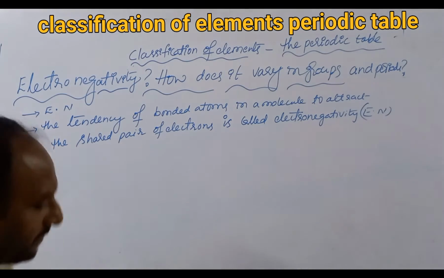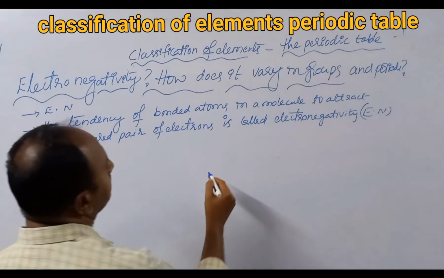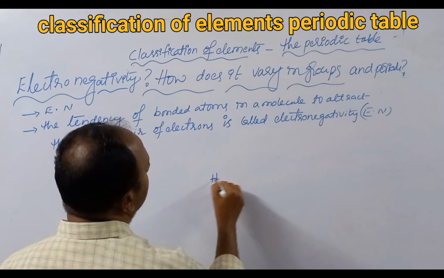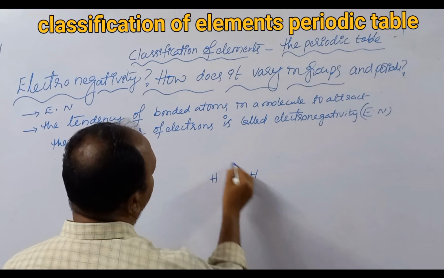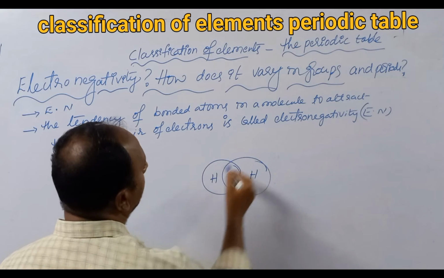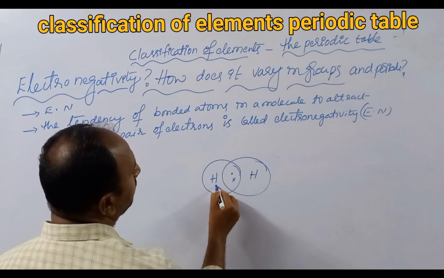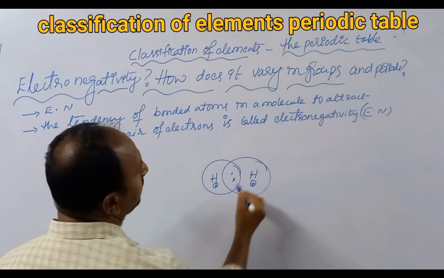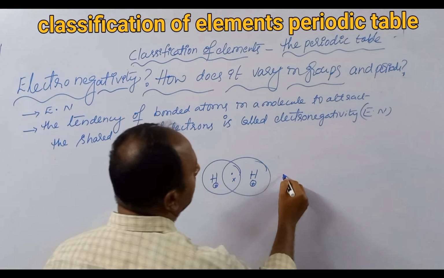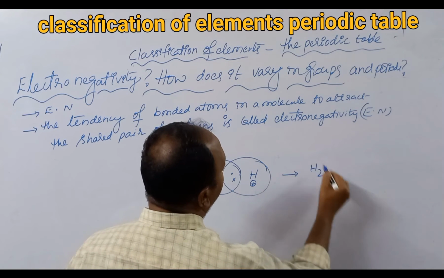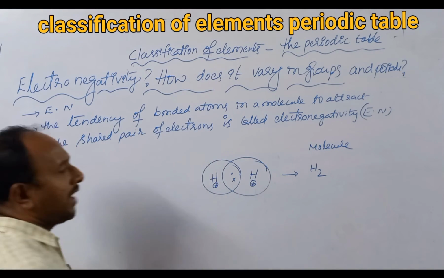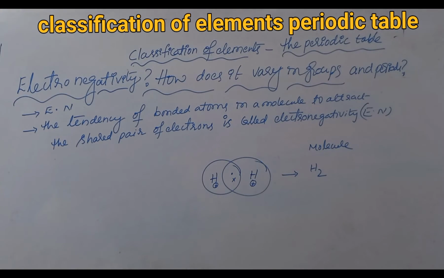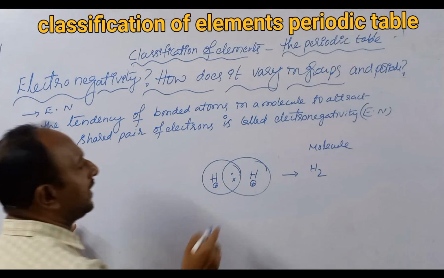For example, 2 hydrogen atoms share one pair of electrons, like that. It is the nucleus of a hydrogen atom, and like that they form an H2 molecule. So in the H2 molecule there are 2 hydrogen atoms, and those 2 hydrogen atoms share one pair of electrons.